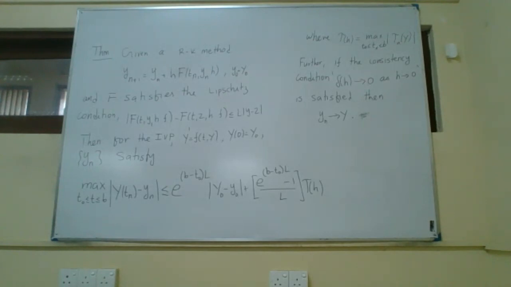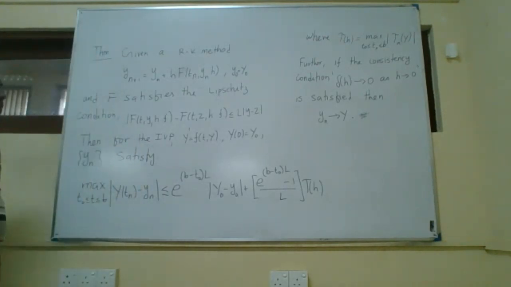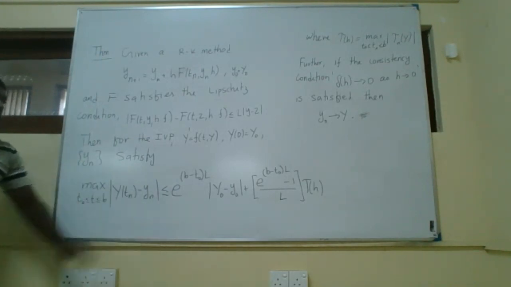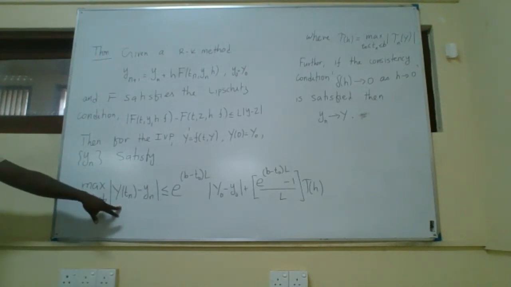Okay, so this is the convergence theorem. So we write down everything in one theorem. So we first derive an error bound. So this is the maximum of error.